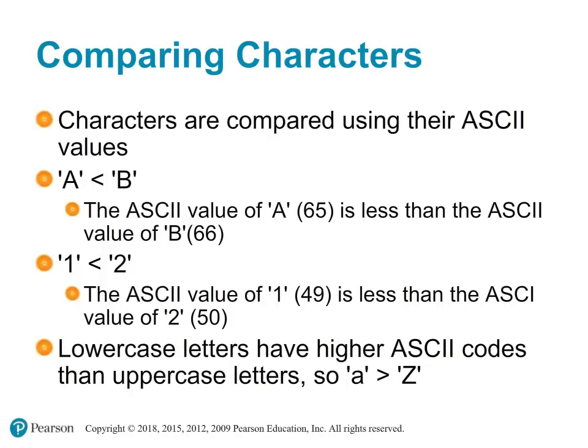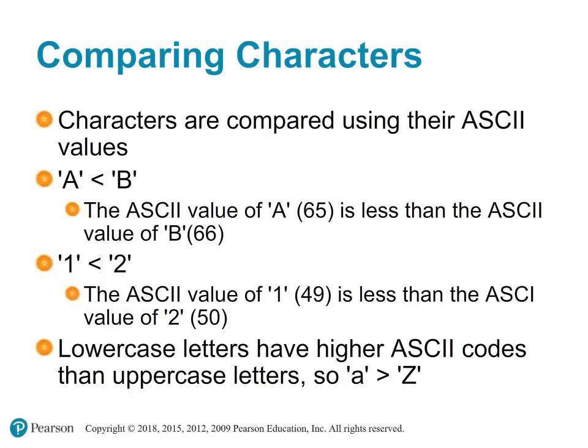For example, the ASCII value of capital A is 65 and B is 66. So capital A is less than capital B, because the ASCII value of capital A, which is 65, is less than the ASCII value of capital B, which is 66.